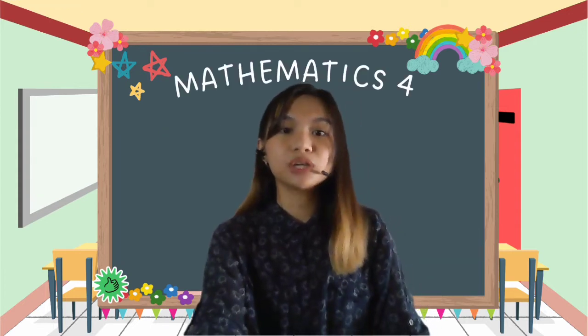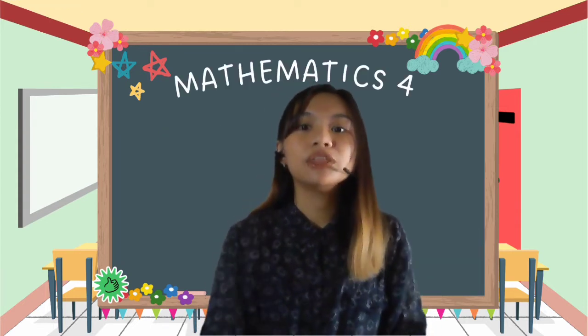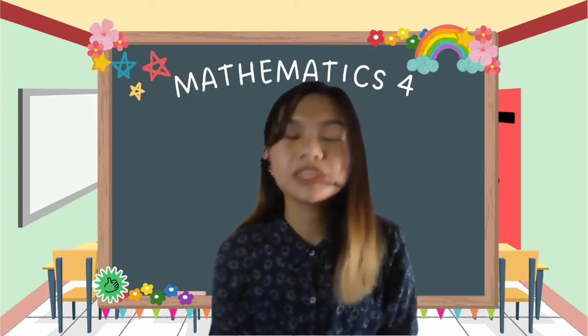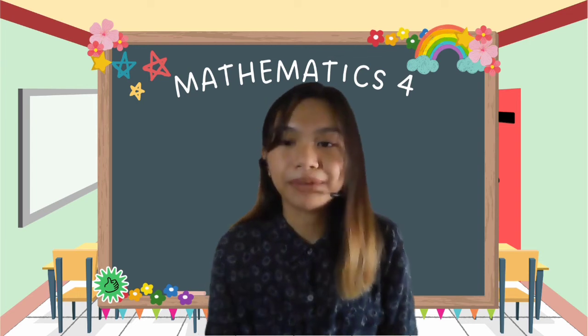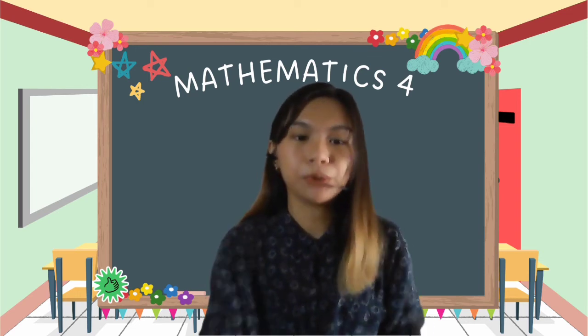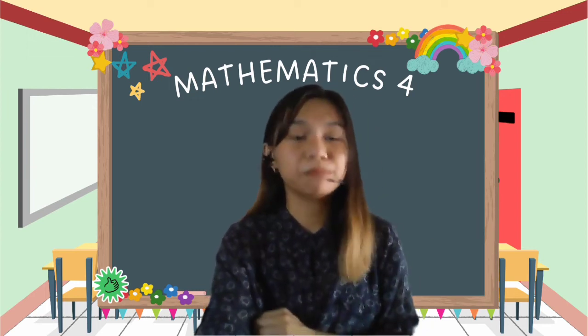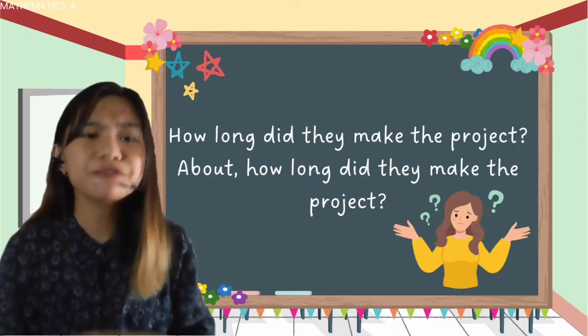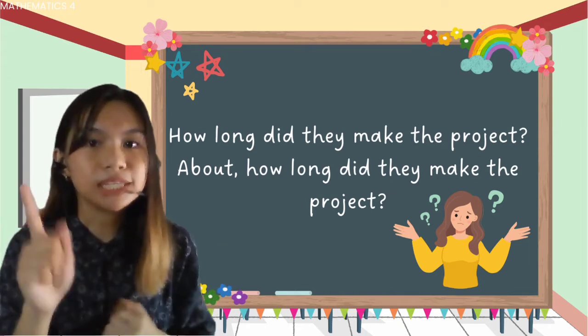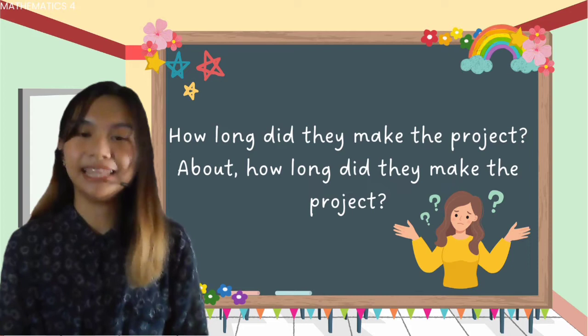Ayan. So we have already defined the term elapsed time. Okay, ulit nga. The elapsed time, this is the length of the time the event happened from start to end. Okay, let's go back to the problem. So in the first question, how long did they make the project? We need to define the exact elapsed time.